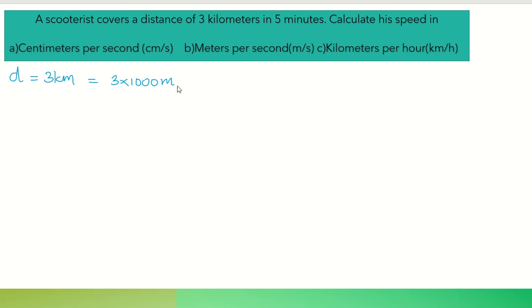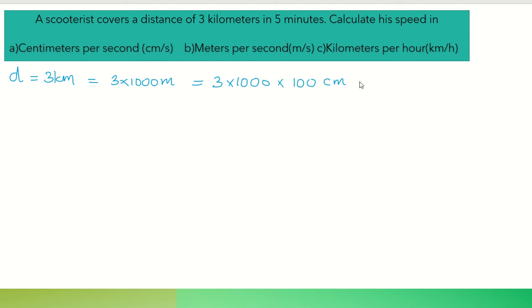So this is 3000 meters, but the question is to calculate in centimeter per second, right? So again, this meter I have to convert into centimeter. So that's equal to 3 into 1000 meters. Meter into centimeter, again you have to multiply by 100. So 3 into 1000 meters is equal to 3 into 1000 into 100 centimeters.